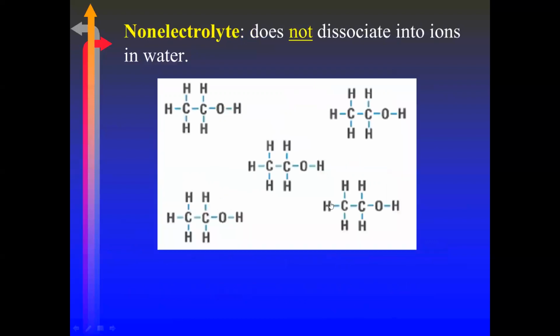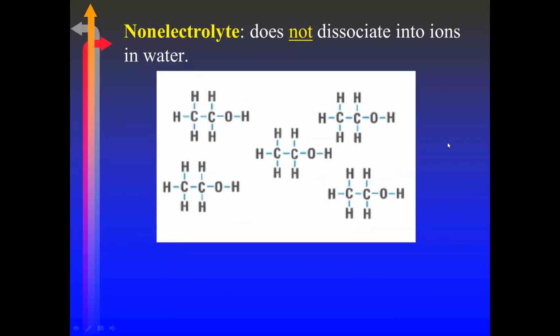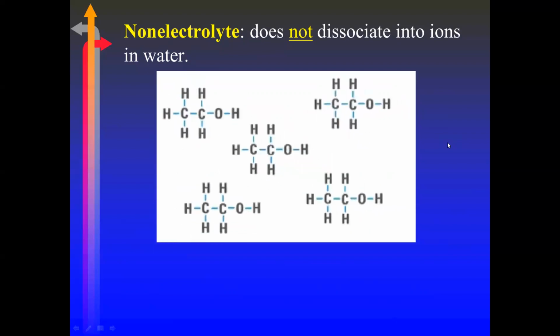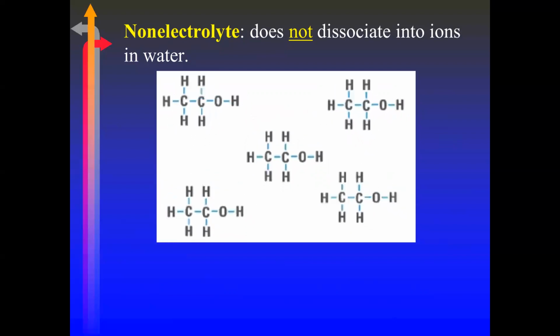The last one is called a non-electrolyte. From the name, you can see it does not dissociate into ions, not even partially. Some compounds that dissolve in water, such as ethanol, do not dissociate into ions at all.